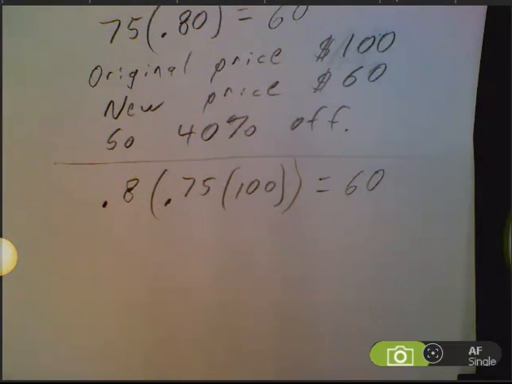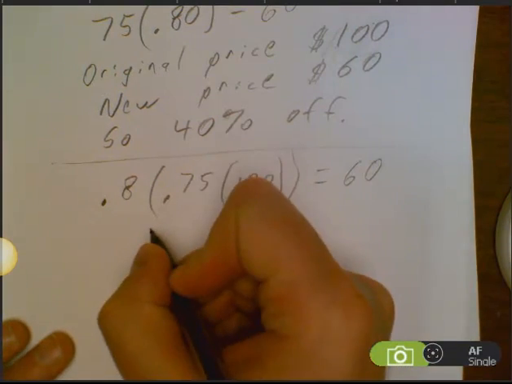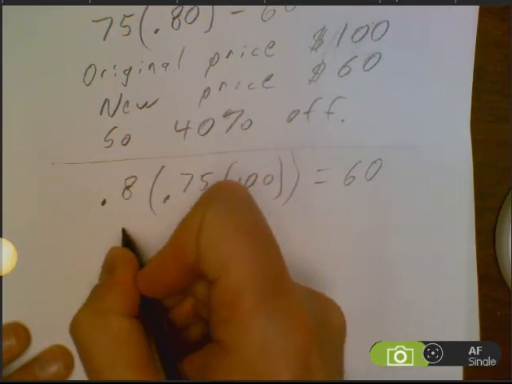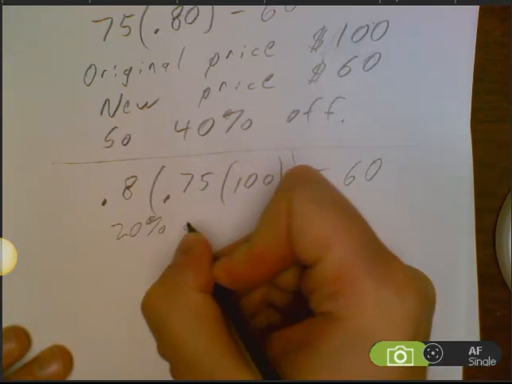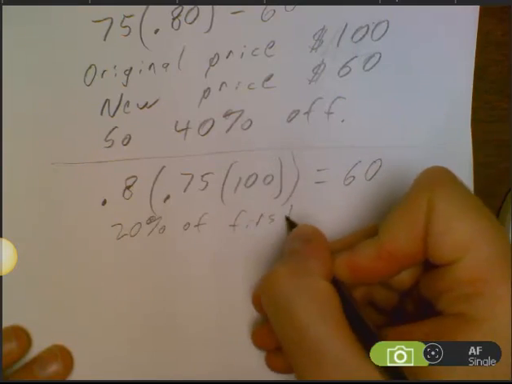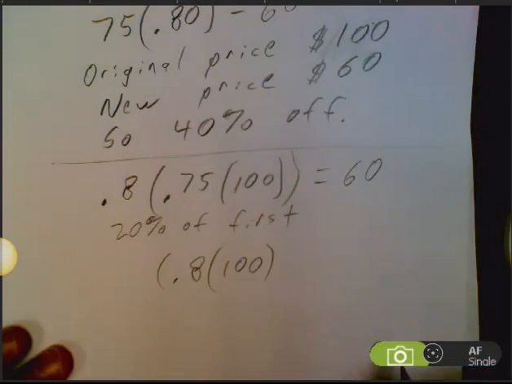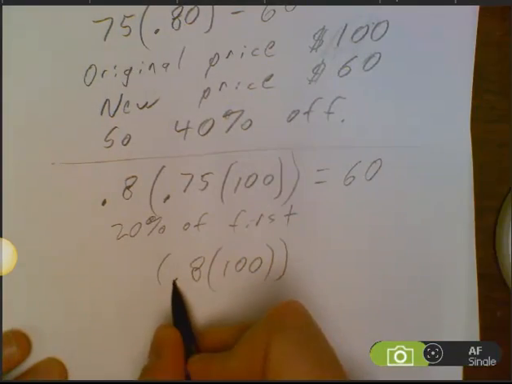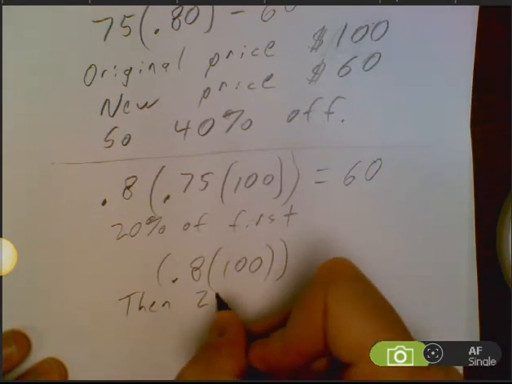Now the last question asks, what if it's marked down 20% first? Well, in that case we would do 0.8 times 100, and then 25% off.